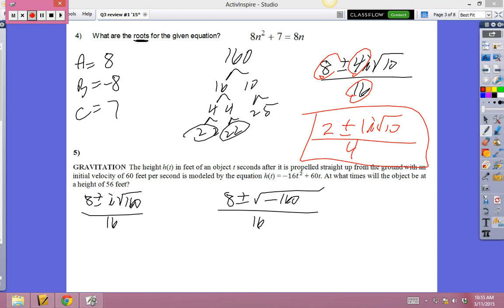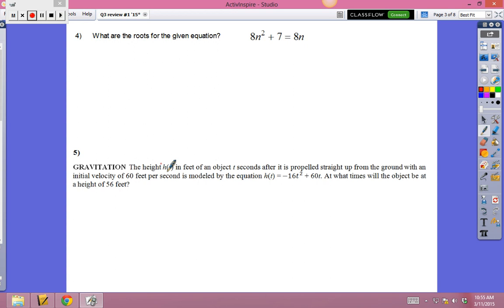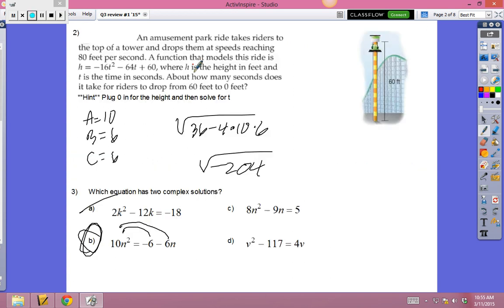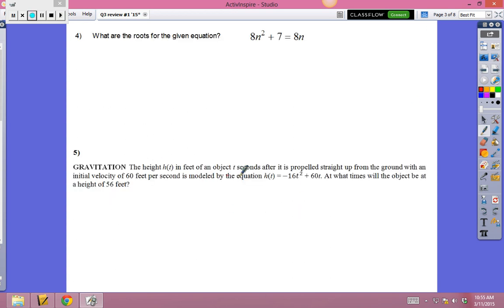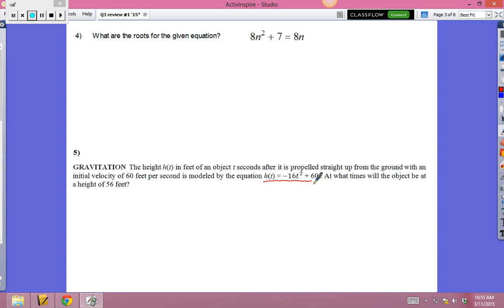Alright, number 5. Okay, number 5 is kind of just like number 2. So they're going to give us a formula and a story problem. The formula is a quadratic, so we're probably going to end up using the quadratic formula.